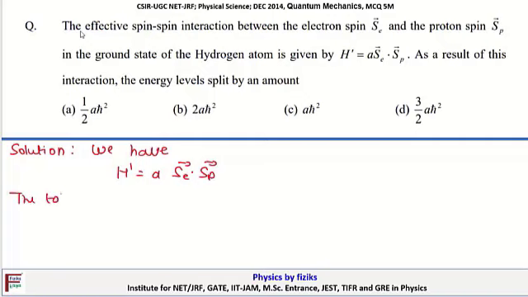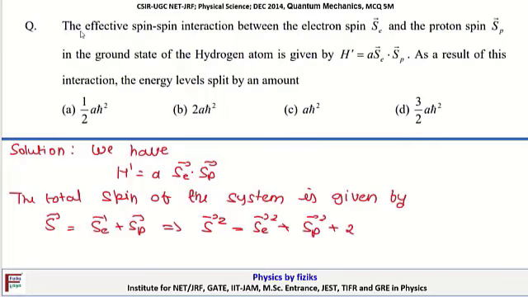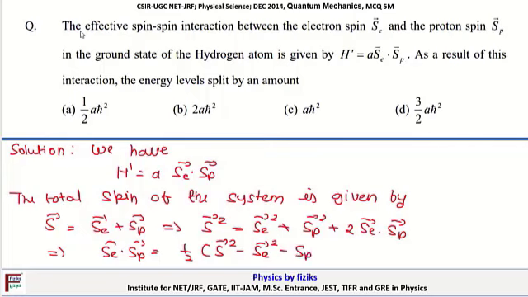The total spin of the system is given by S equals Sc plus Sp, which implies S square equals Sc square plus Sp square plus 2 Sc dot Sp, or this gives us Sc dot Sp equals 1 by 2 of S square minus Sc square minus Sp square.